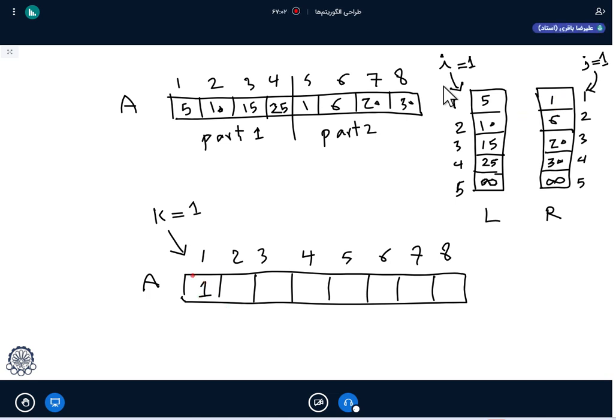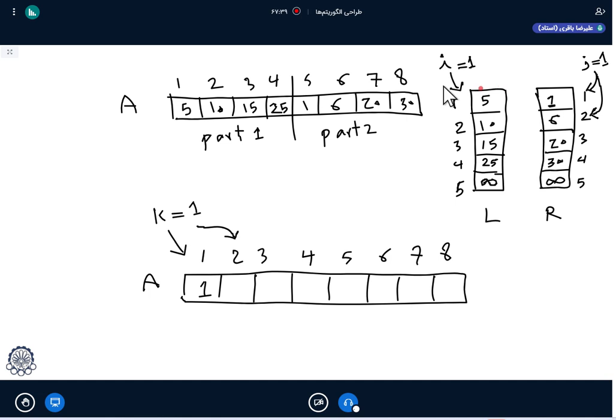So 1 is copied to the first room of array A, and because value 1 is copied from array R, the index of array R is increased. So J is increased by 1 and now J is 2. And also the index of array A is increased.